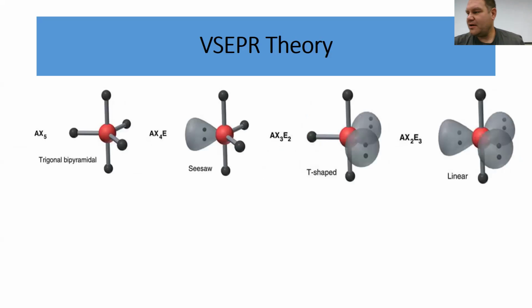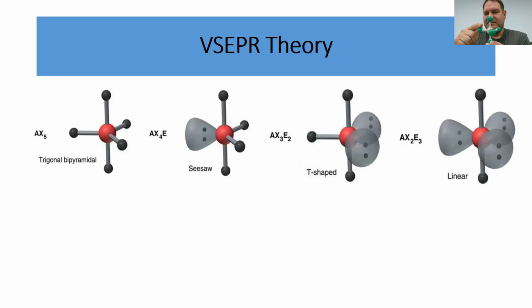All right, now let's go to our trigonal bipyramidal. So here's a model of a trigonal bipyramidal. Our central atom and then our other atoms bonded around it. First of all, remember we have three different angles. This angle from here to here, or from here to here, those are all 90 degrees.